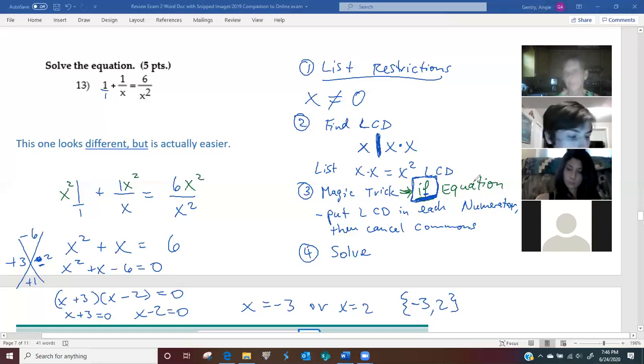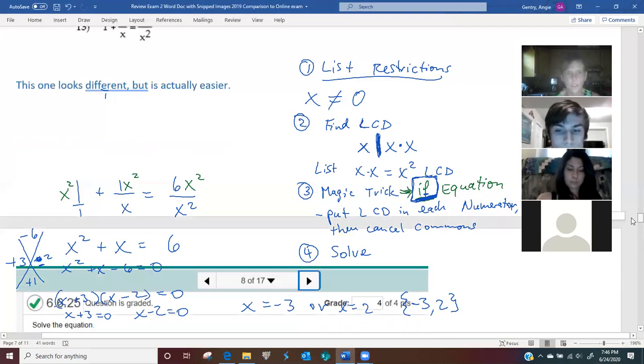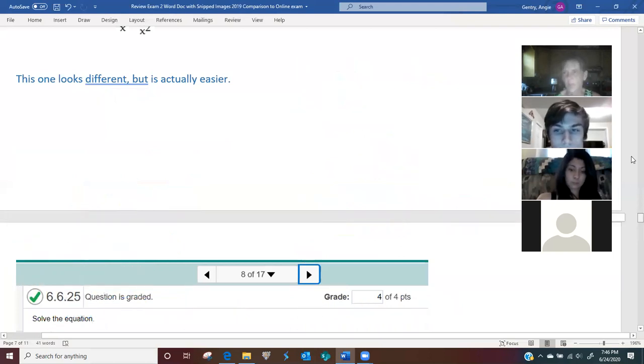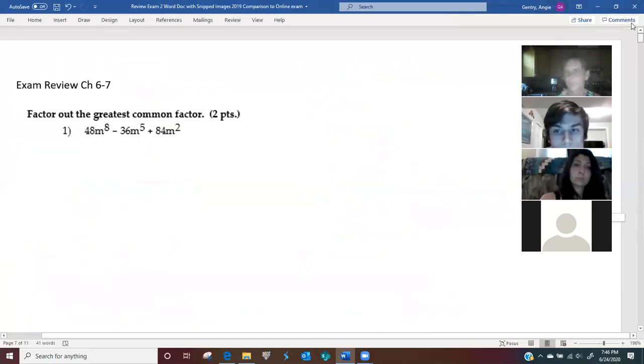If you later on, or in 7.4, I think you're adding and subtracting a bunch of stuff, you're going to have to make the denominators the same. You find the LCD, but then you work it differently. Right. Okay. So 7.4, I'm happy to work some too. What I did was, before Chase and I started at 7, I grabbed some 7.1 and 7.2 stuff, or mainly 7.2 stuff. And then I had this open. This is the chapter 6 and 7 test, or exam review.